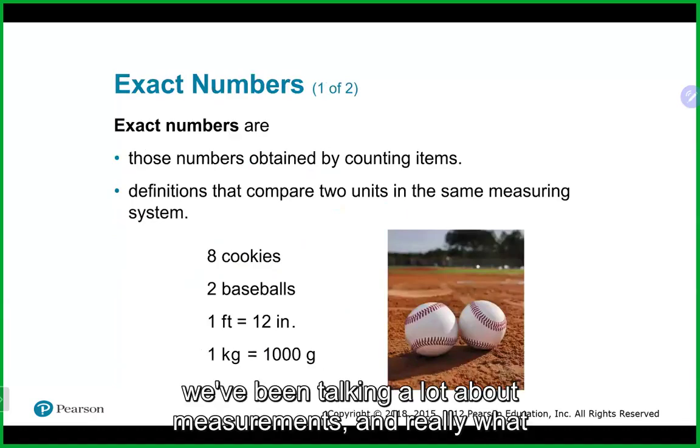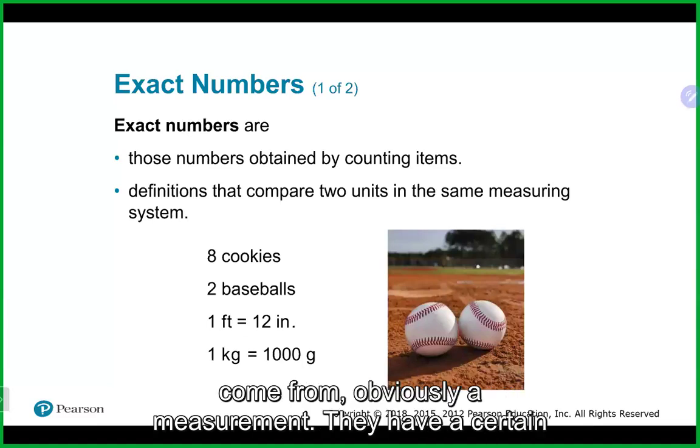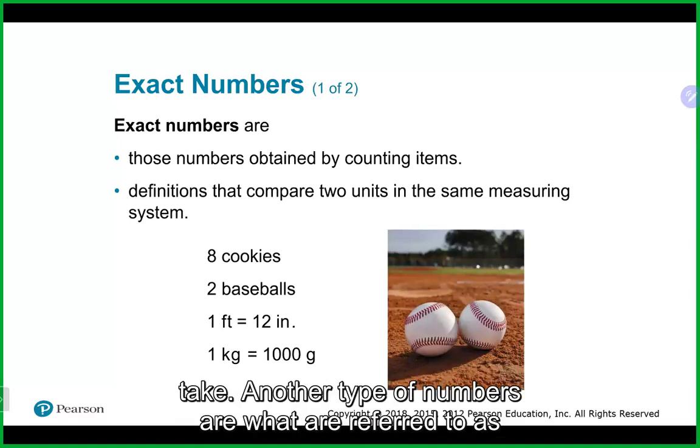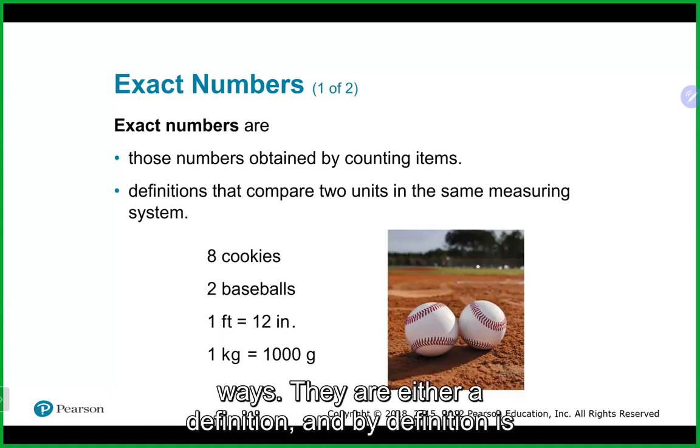Now, we've been talking a lot about measurements and really what are sometimes referred to as measured numbers. And they do come, obviously, from a measurement. They have a certain number of significant figures based on the measurement that you take. Another type of numbers are what are referred to as exact numbers. And exact numbers basically come about one of 2 ways.